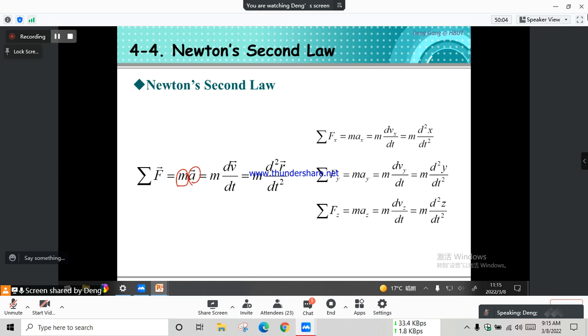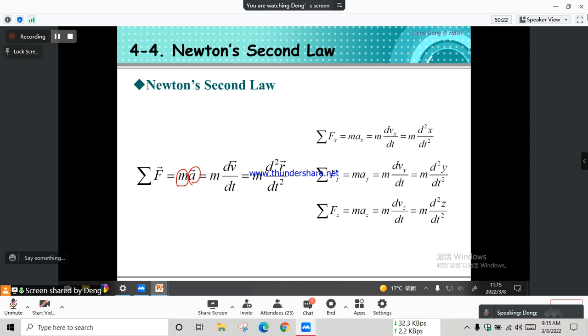So according to Newton's second law, what is the force? Force is the mass times the acceleration. So that helps us to define the force.